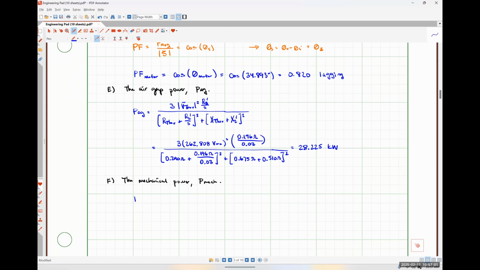So our mechanical power Pmech is just our air gap power times 1 minus our slip. So that is 28.225 kilowatts times 1 minus 0.03, or 97%. And that comes out to be 27.328 kilowatts. Okay.